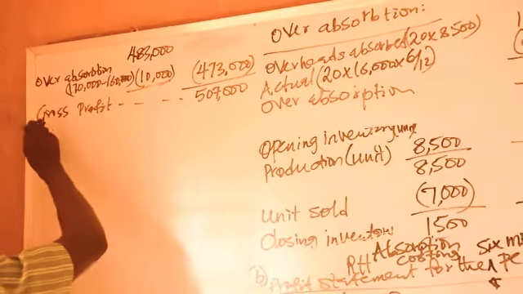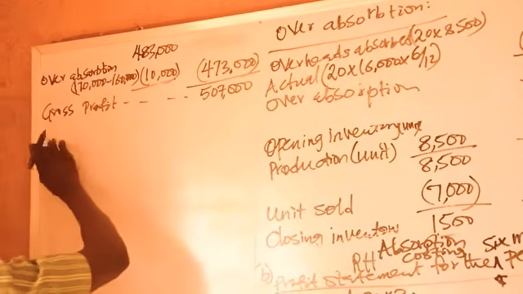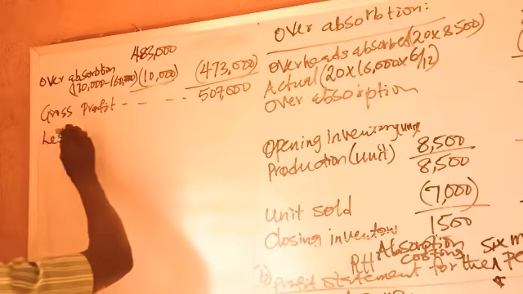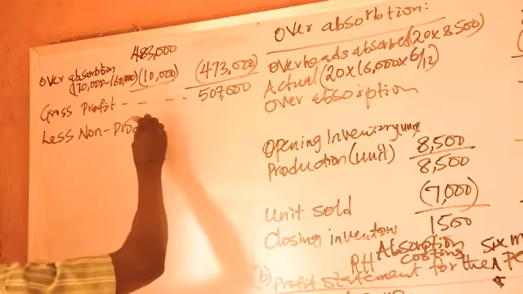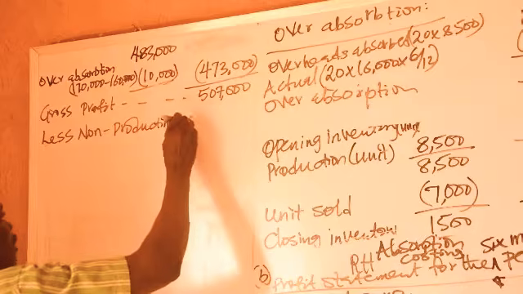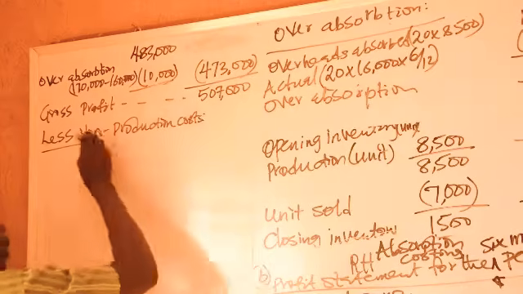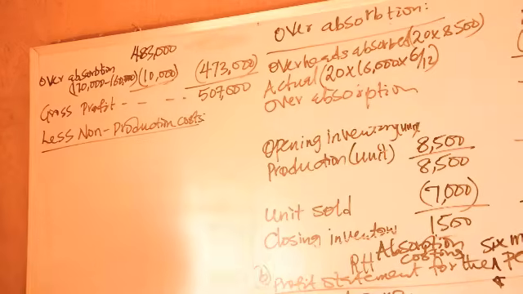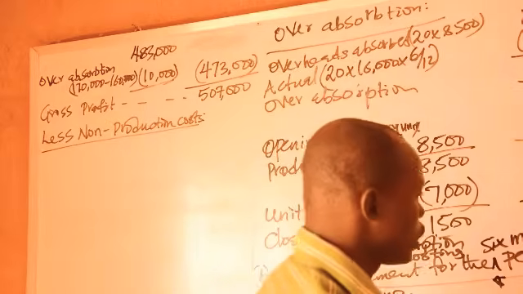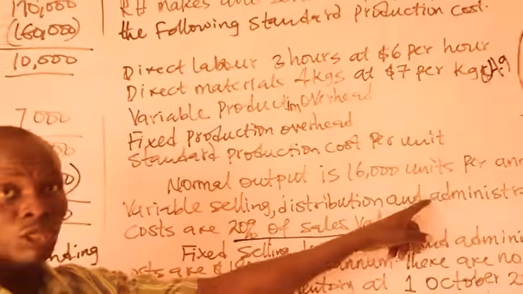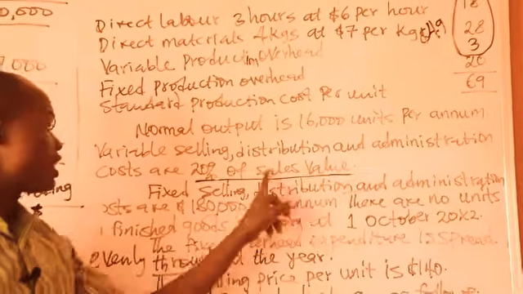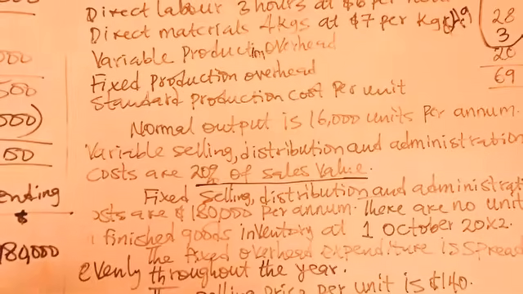Then after gross profit, you less non-production cost. We have considered all the costs that relate to production. We now want to consider those that don't relate to production. The non-production costs: we have variable selling, distribution, and administration, which you were told is 20% of sales.